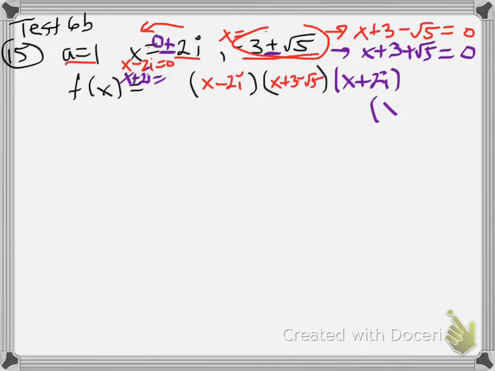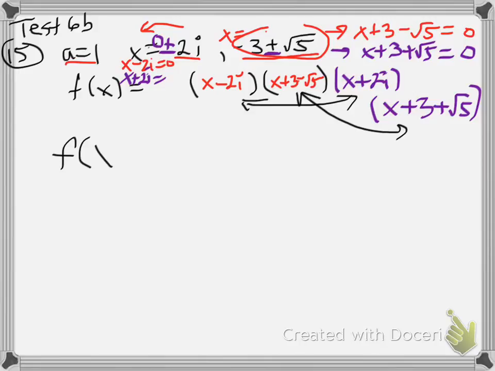And we get x plus 3 plus root 5. Okay? So if you were to multiply that out, I'd rather double distribute with those, and double distribute with those. That would be an answer that would be good enough.